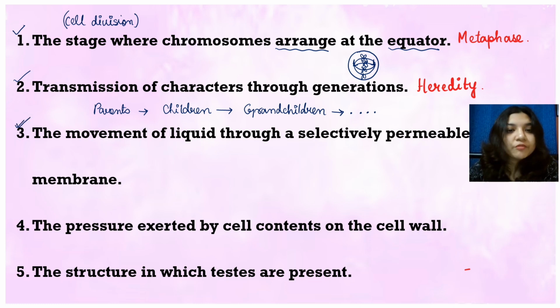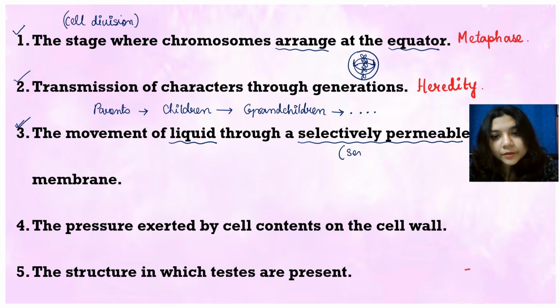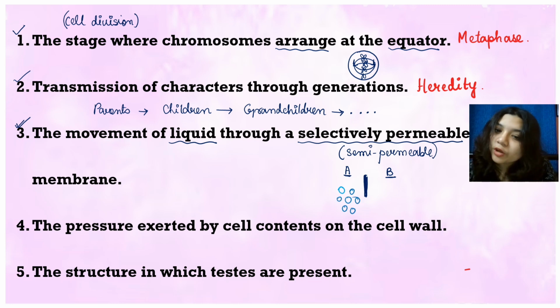Third, movement of liquid through a selectively permeable membrane. Selectively permeable membrane or semi-permeable membrane, both can be considered here. Say this is a selectively permeable membrane that we have. This is solution A, this is solution B, right? In solution A, say we have 7 water molecules.